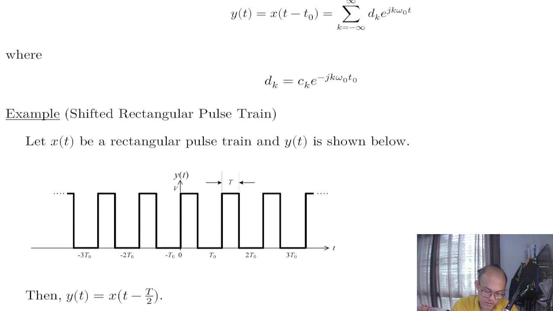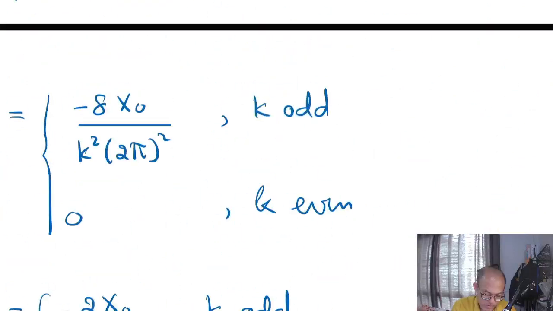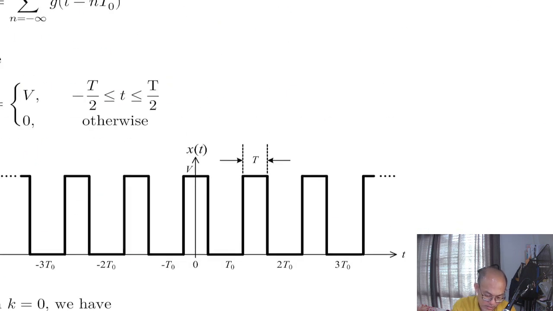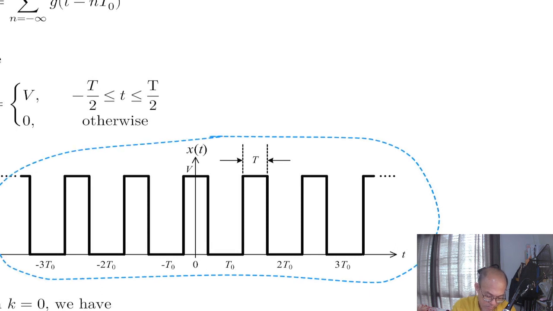For example, consider the shifted rectangular pulse train, this guy. Okay, if x is a rectangular pulse train, where is that? Here, this is the rectangular pulse train. Let's copy it and bring it down there.